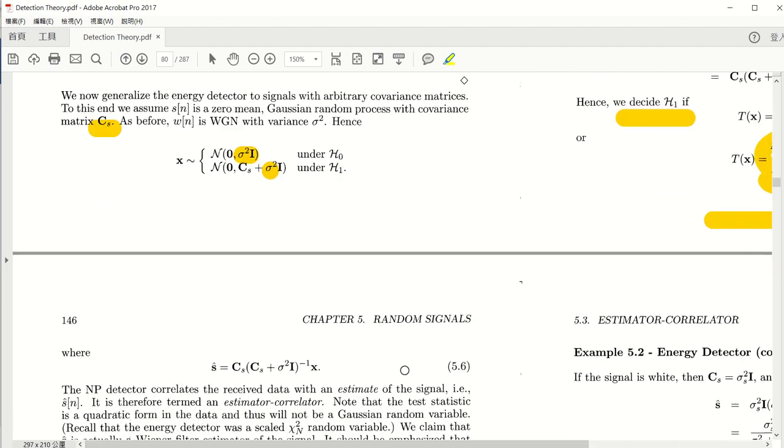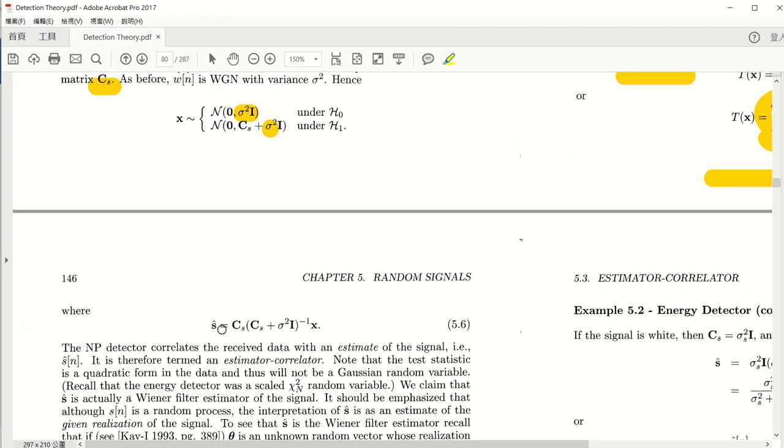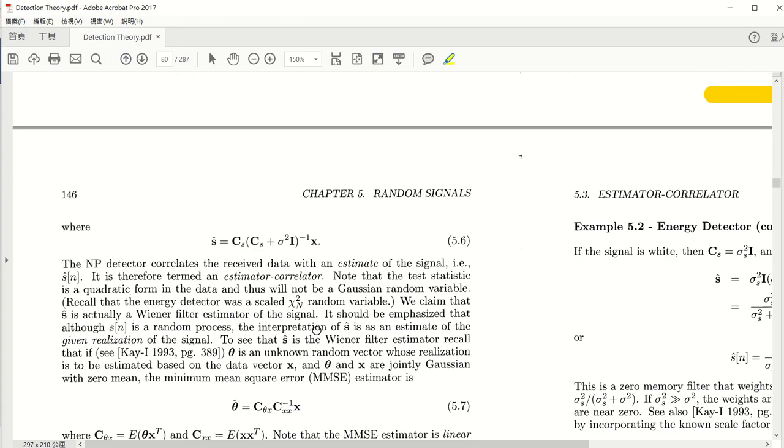Then again S hat has to be clarified. It's something like this. So the NP detector correlates the received data with the estimate of the signal. Let me clarify a little bit. This x is the received signal.